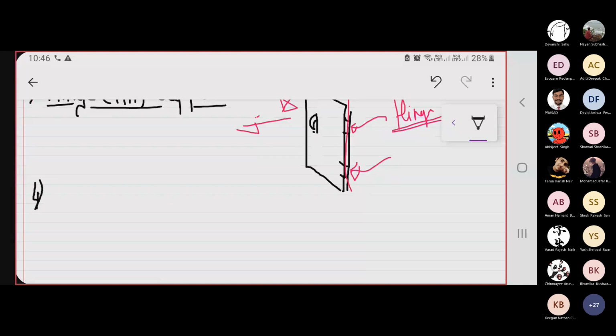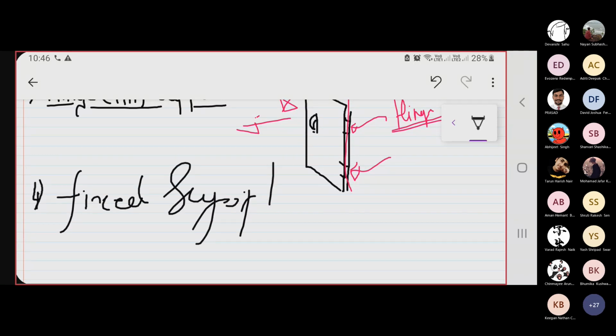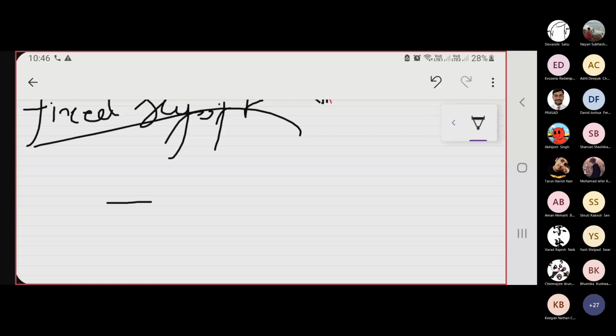Last one is a fixed support. So fixed support means what? You can't move this body, which is inside the wall.